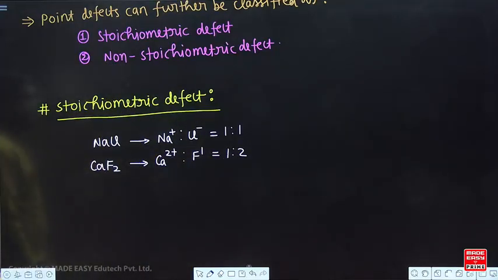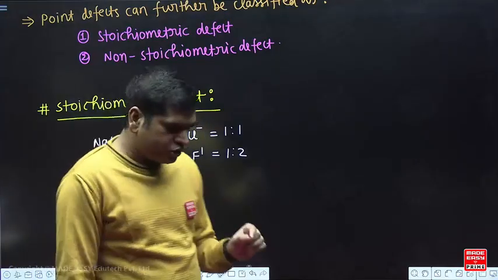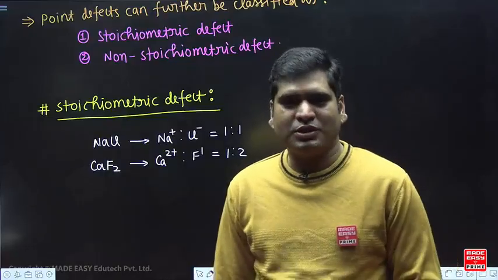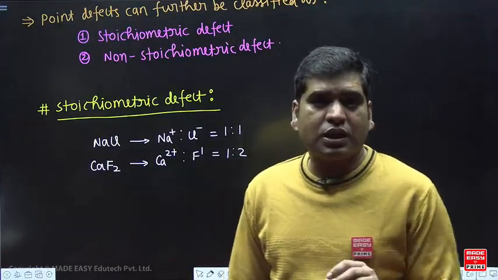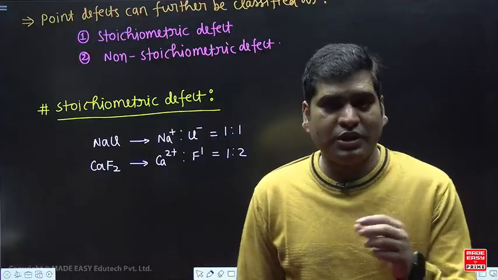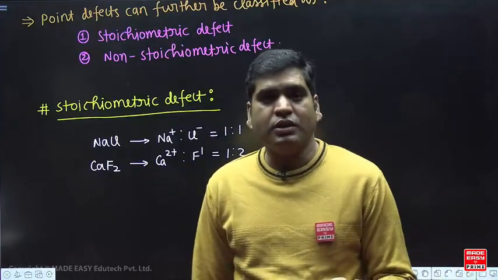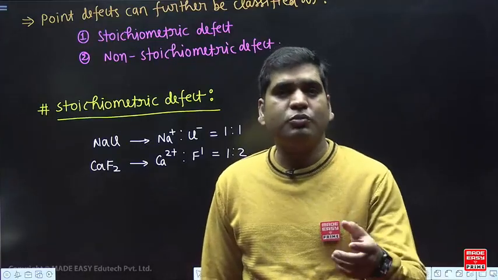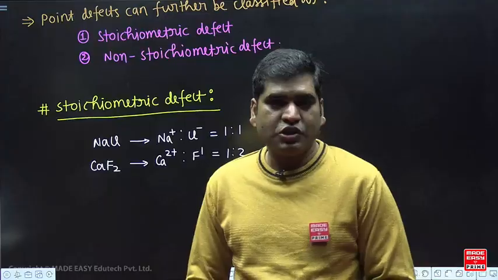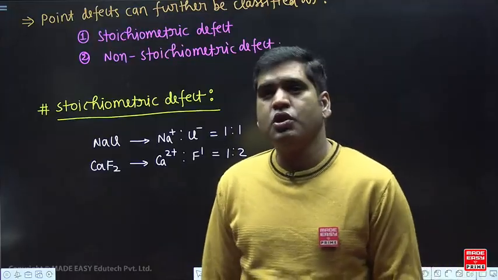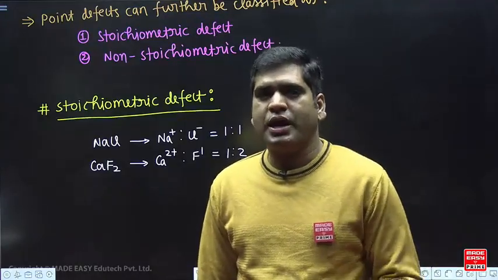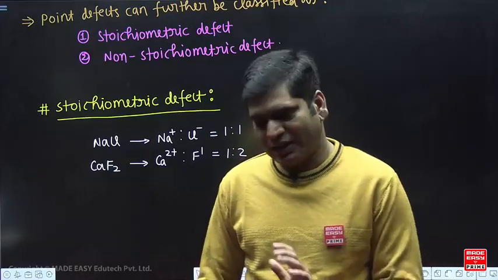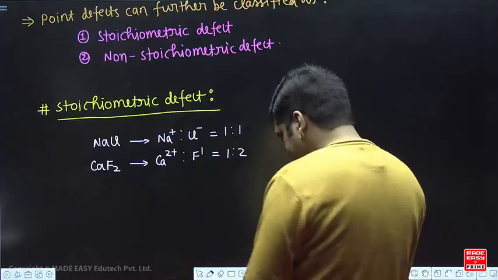So stoichiometry is the condition where the ratio of cation to anion remains the same as predicted by the chemical formula. If the same ratio of cation and anion, 1:1 or 1:2 as predicted, is maintained, then we say the material is stoichiometric. Right? Agreed.